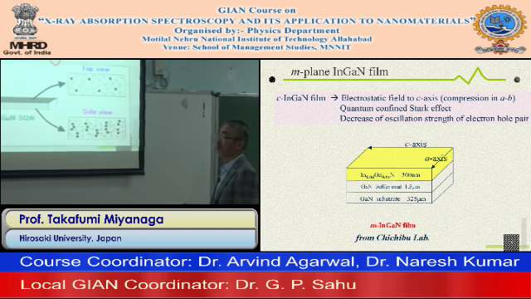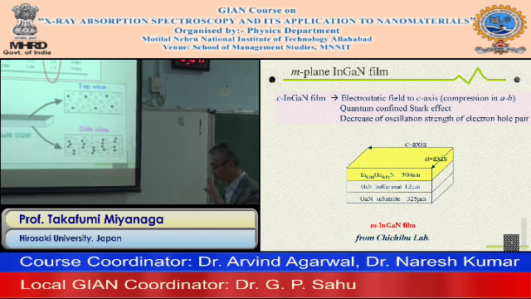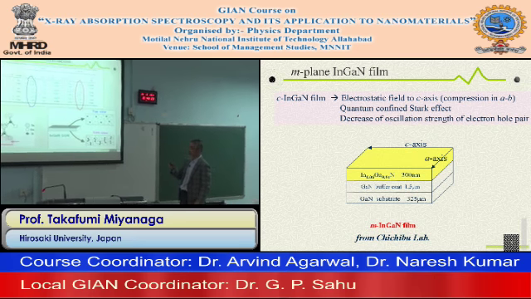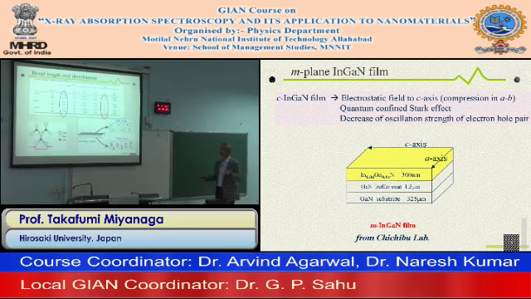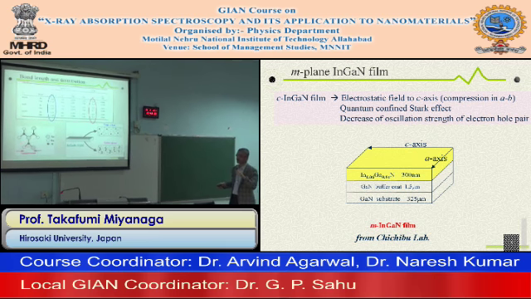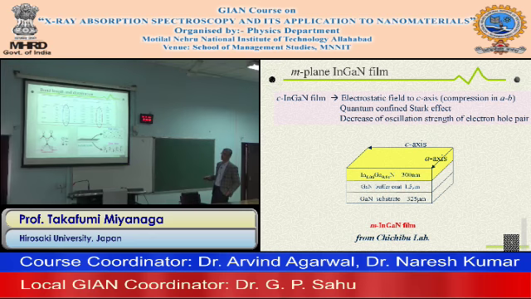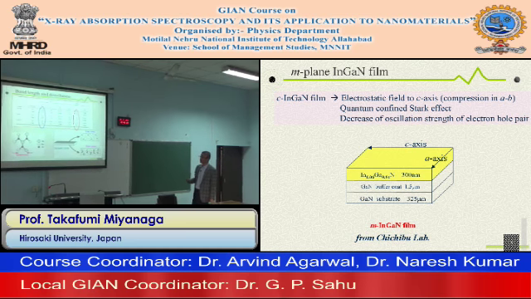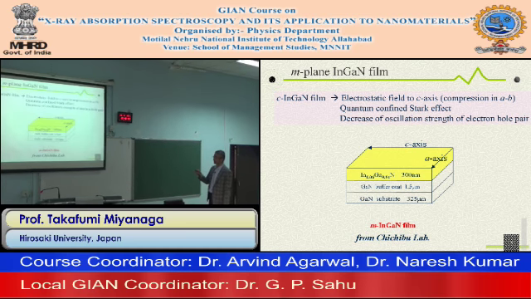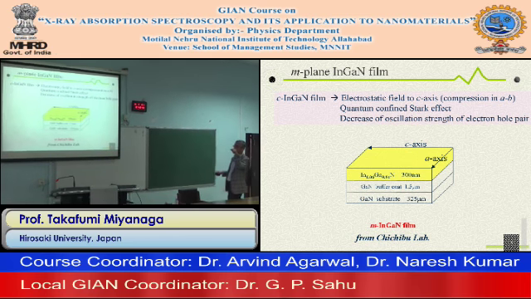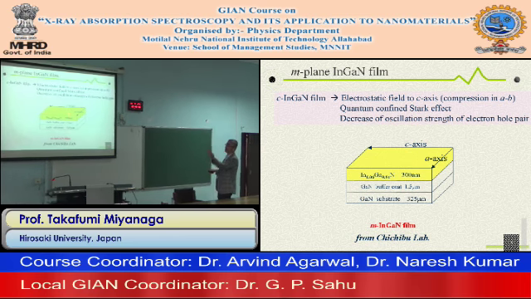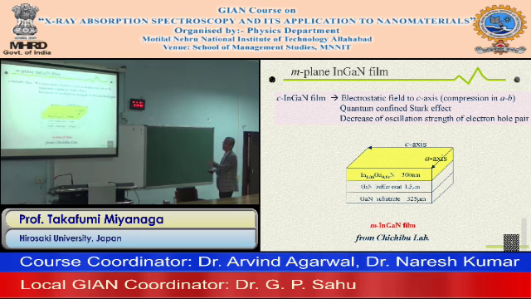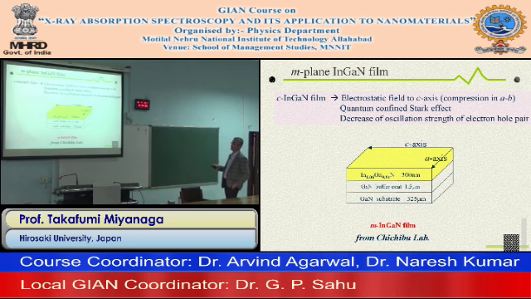So there is an electric field mismatch, and this effect reduces the quantum efficiencies. For the M plane, the C-axis is here, and this is the M plane, the M axis. There are no electric field distortions on these M planes.